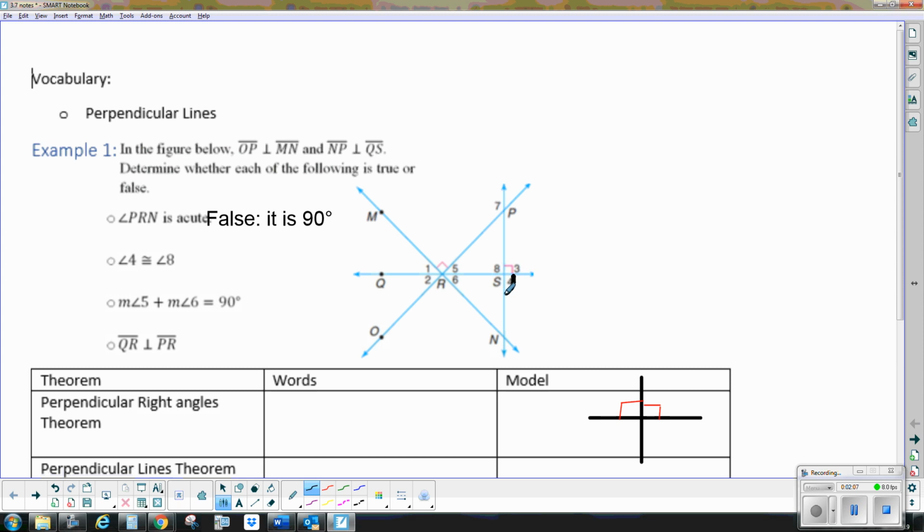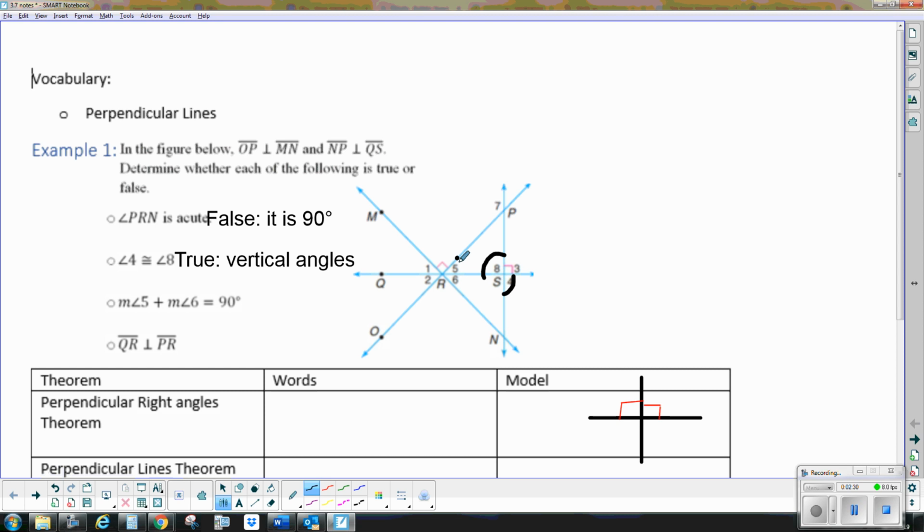Here's angle 4, here's angle 8. The statement is that those two angles are congruent. And this is true because they're vertical angles. Let's look at the next one. It says measure of angle 5 plus the measure of angle 6 is equal to 90 degrees.